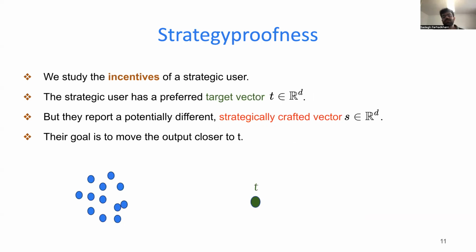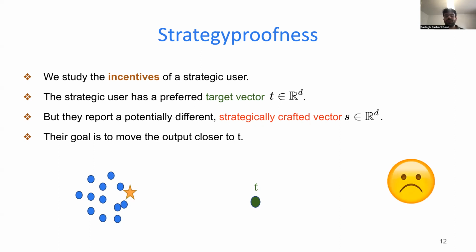So we consider a strategic user and we assume that this user has a true target vector T. And we also assume that the user behaves strategically, meaning that they may report another strategically crafted vector S if it's in their best interest. The goal of the strategic user is then to move the output of the aggregation rule as close as possible to their own target vector T.